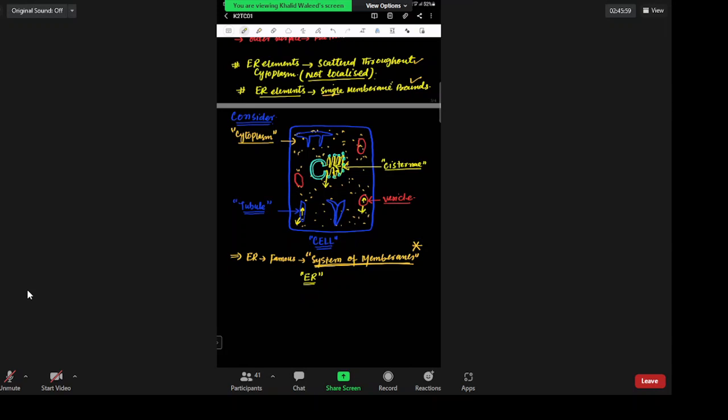I have shown that cytoplasmic side and lumen side in all the three components of ER with the help of yellow arrows.